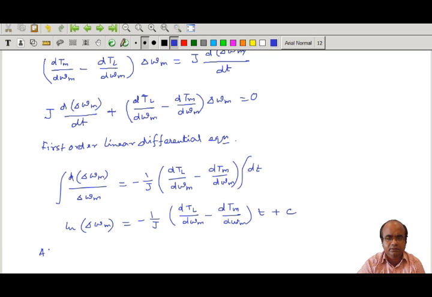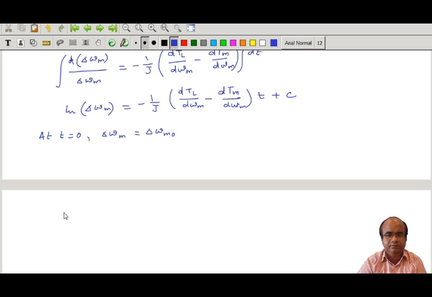At t equals 0, the system is operating at a stable point, with an initial deviation of speed, delta omega m equals delta omega m 0.